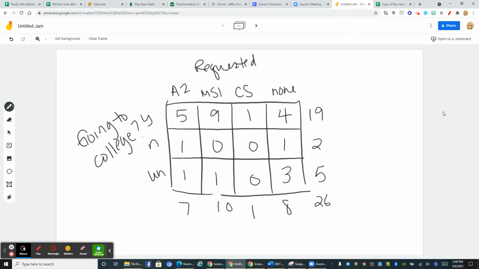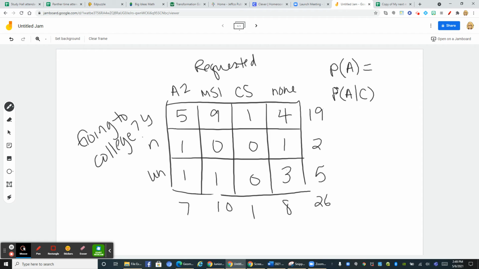Yay. So now what we're going to do is look for some sort of association and or independence. So what's the probability that someone requested Algebra 2? And then what's the probability that someone requested Algebra 2 given that they plan to go to college? Does planning to go to college influence whether they're going to take Algebra 2 or not?